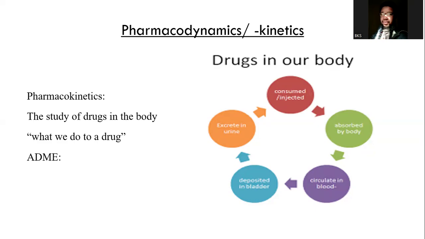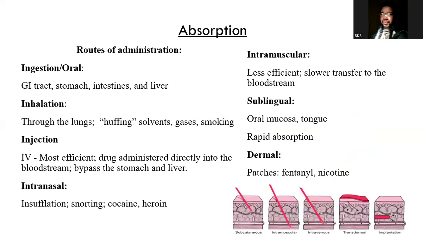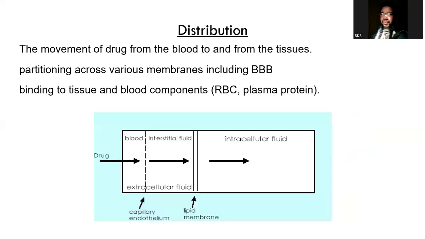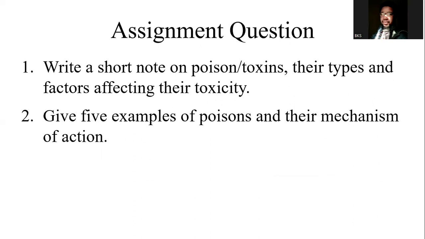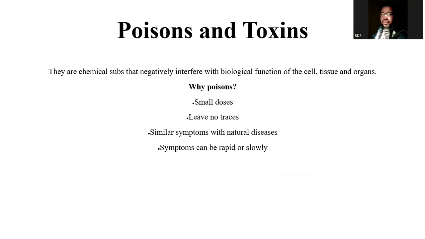So these are some of the things we've discussed in the previous slides. These are the things we just talked about. And this is the assignment question I told you about. So we'll talk about the assignment question maybe toward the end of today's class. In today's class, we'll talk about poisons and toxins.